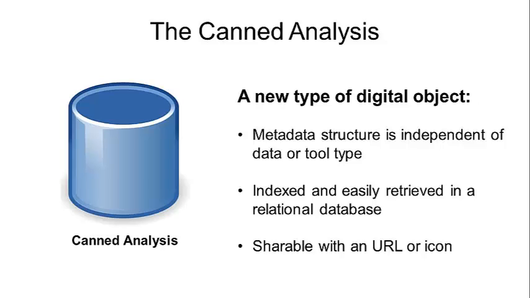Second, the canned analysis is indexed in a relatively simple relational database and can therefore be found and retrieved by performing queries on the metadata tags associated to it. The canned analysis is also easily shareable by providing the canned analysis URL, which can also be embedded as an icon within websites.